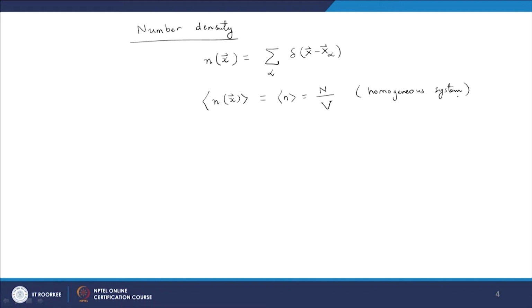In a liquid, the molecules can essentially take up any position. Of course, in a particular conformation, the molecules are only at particular positions, but if I take an ensemble average, what we will find is that the number density gives me a number that is simply n by v, that is the average density of the system, numbers per unit volume.